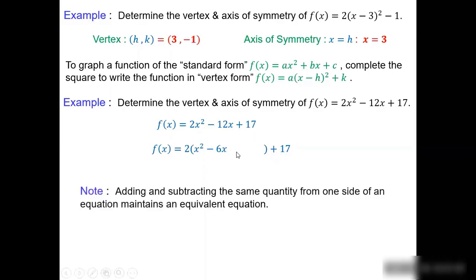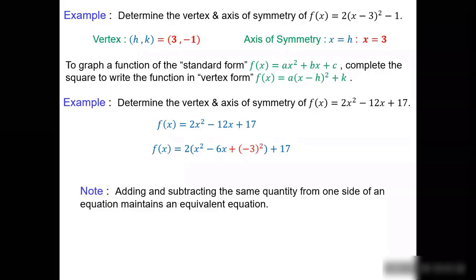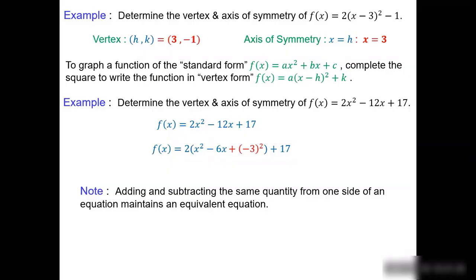So we're going to add this special quantity that's half of the middle coefficient squared. So half of -6 is -3. So what we're going to do is add (-3) squared inside of the parentheses. That's going to allow me to factor that new trinomial in parentheses.